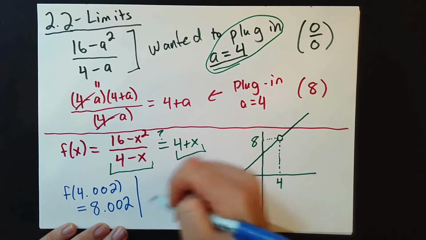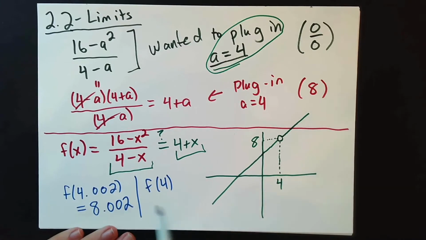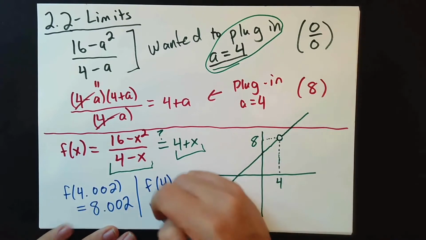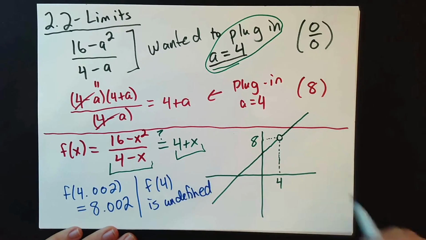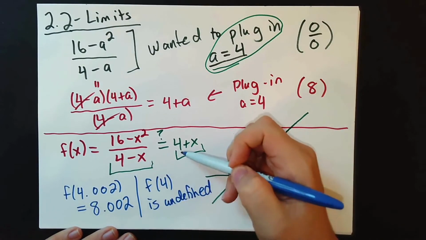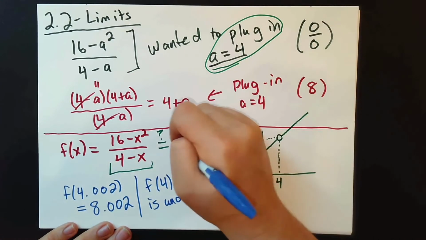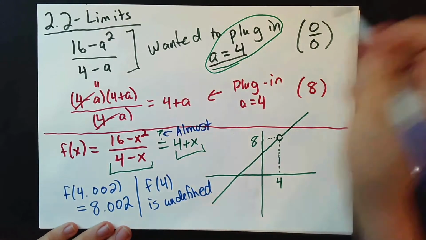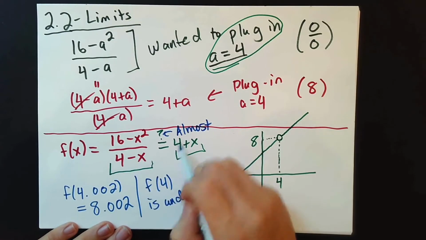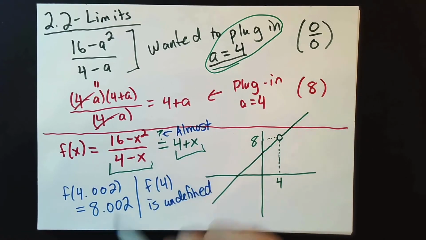The only problem, again, is that f of 4 itself, which has the annoying property of being the value we actually want, this is undefined. So are these two things really equal? Not quite. I wouldn't complain if you said they were, but they're not quite exactly the same thing, and the reason why they're not quite exactly the same thing is that I can plug 4 into the thing on the right, but not the thing on the left.